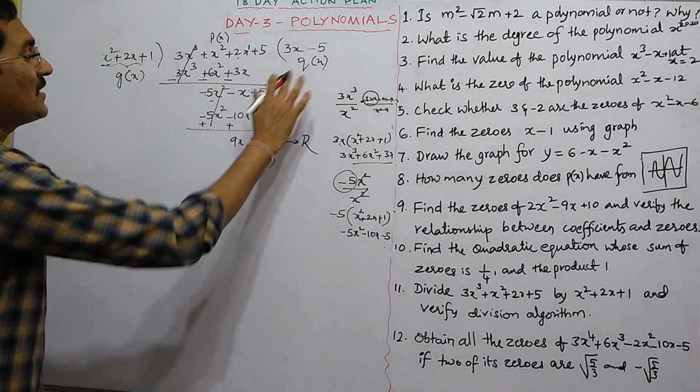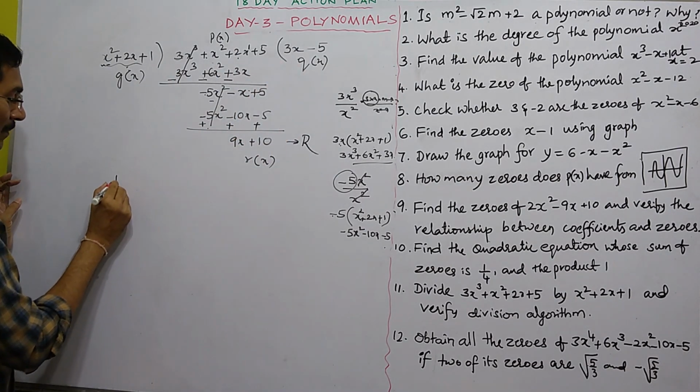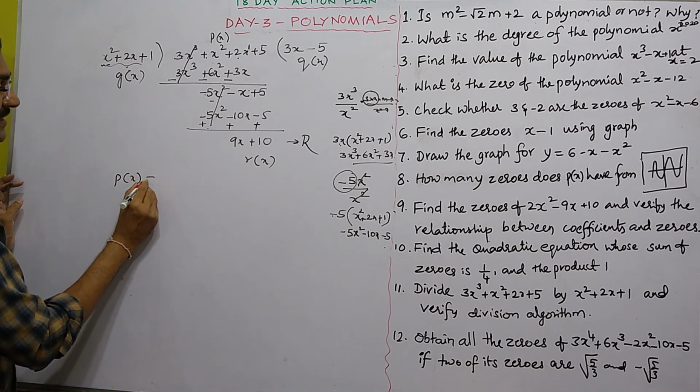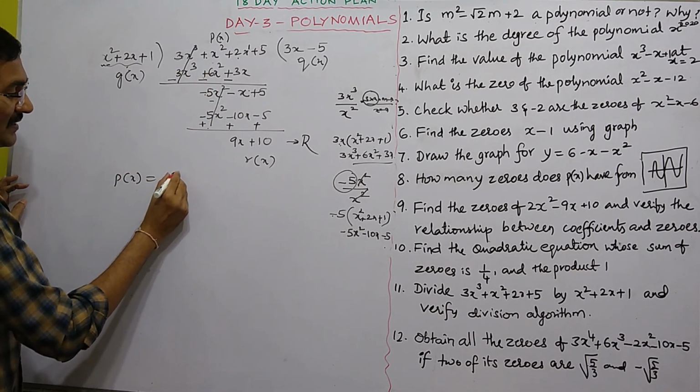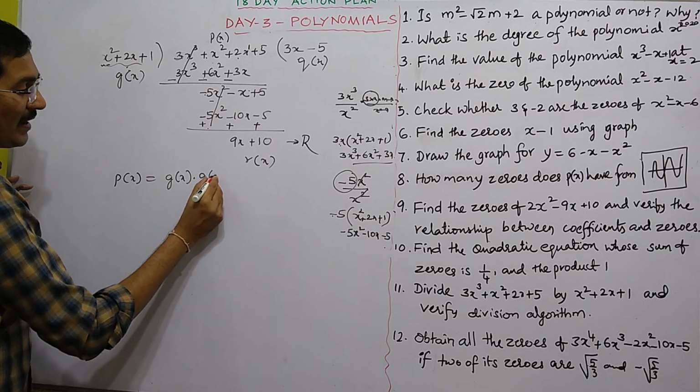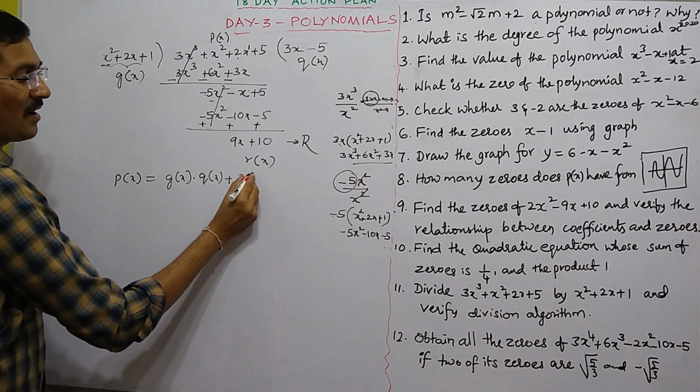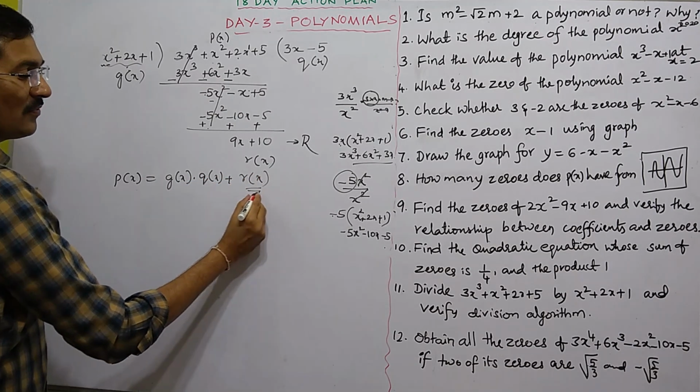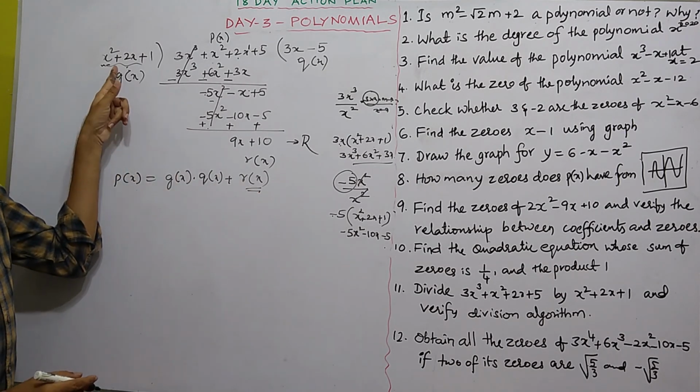Then applying the division algorithm, we can say p of x is equal to g of x into q of x plus r of x. Here the degree of r of x is less than this one.